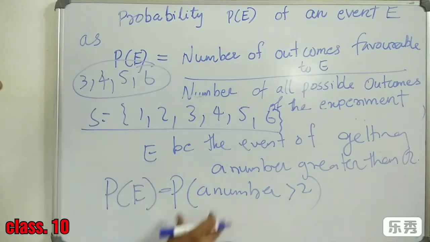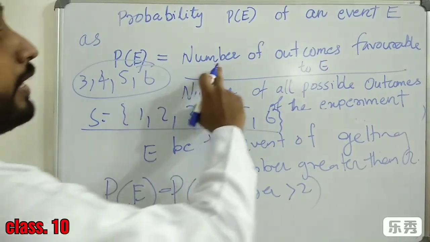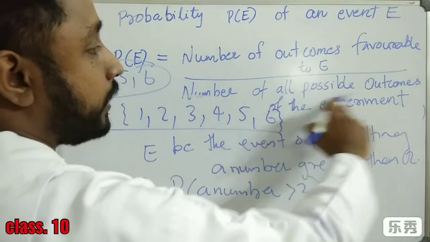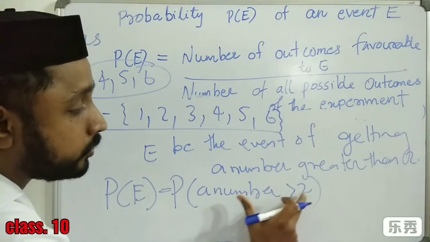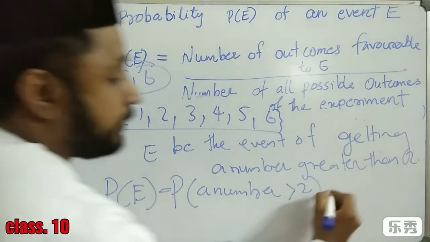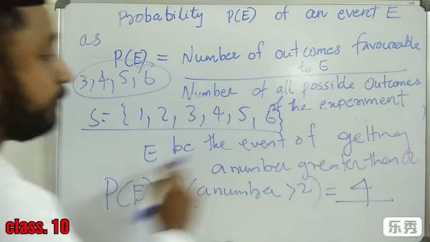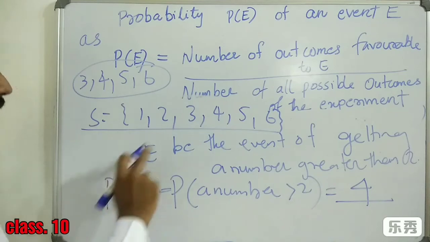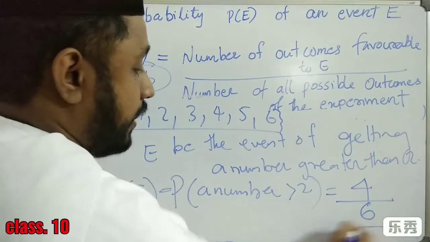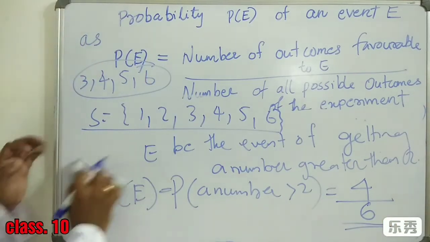These are the numbers greater than 2. 4 numbers are there. So the number of favorable outcomes is 4, divided by the total number of outcomes, 6. So the probability of a number greater than 2 is 4 by 6.